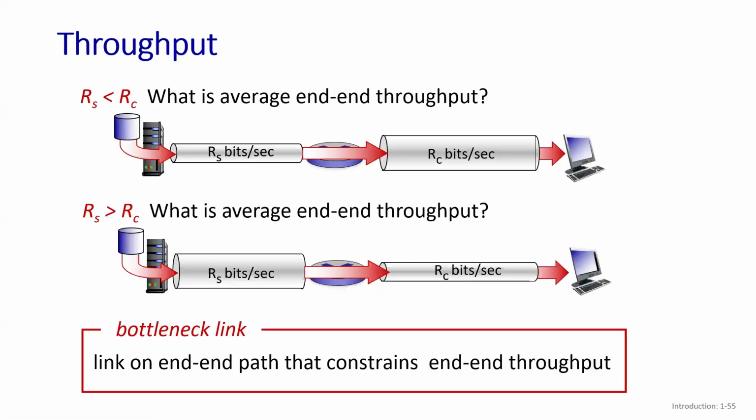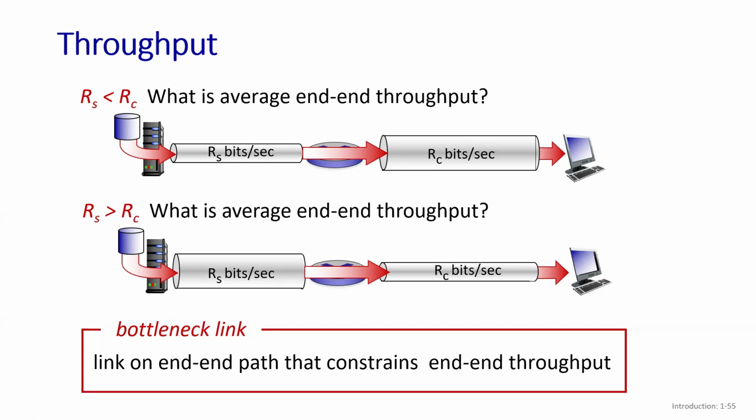Remember that the average throughput is always the lowest rate, the bottleneck between the two hosts. In this case, for example, Rs is less than Rc, so the average throughput is going to be Rs bits per second. Whereas in this scenario, if Rs is bigger than Rc, Rc is the bottleneck, so Rc bits per second is going to be the average end-to-end throughput. So it is always the bottleneck that defines the end-to-end throughput.